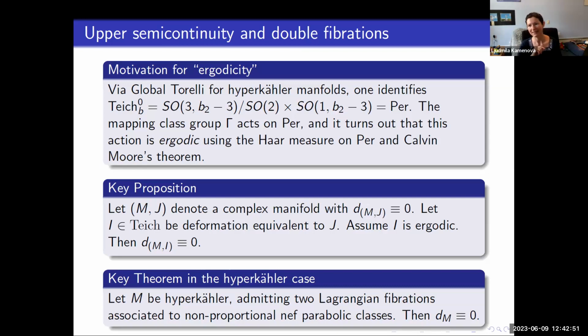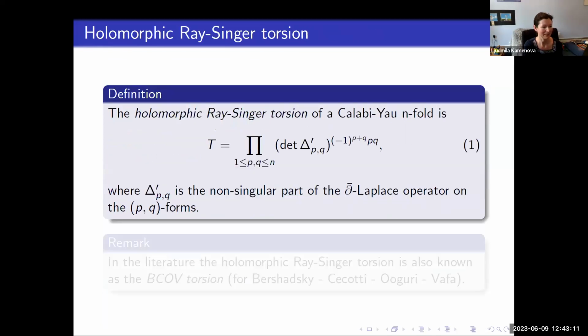But unfortunately, for Calabi-Yau manifolds, we don't have such understanding of the moduli space in general, and we don't know if we have ergodicity. So we need different methods. So here is what we do in the Calabi-Yau case.